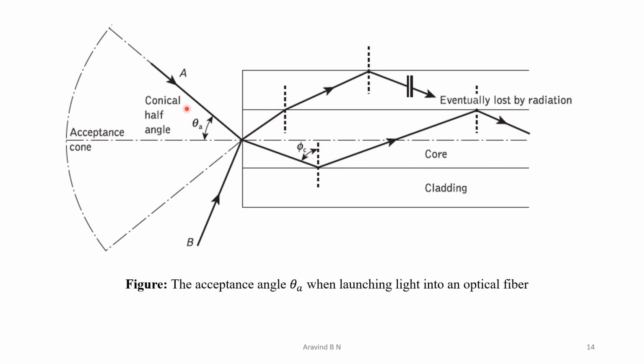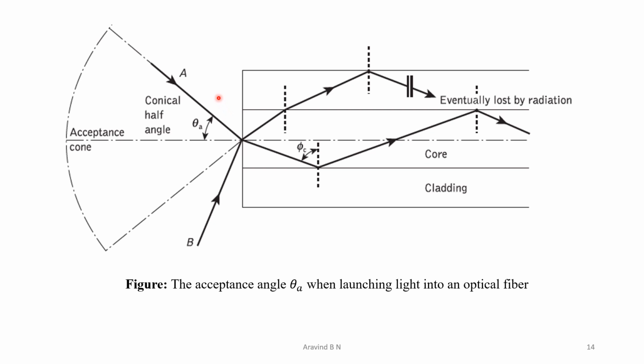So with this case, let us start with ray A and then we will go to ray B. Now ray A is entering this optical medium at a certain angle, exactly passing through the axis of the optical fiber. There it is going to have an interface. This one is entering at an angle theta A.